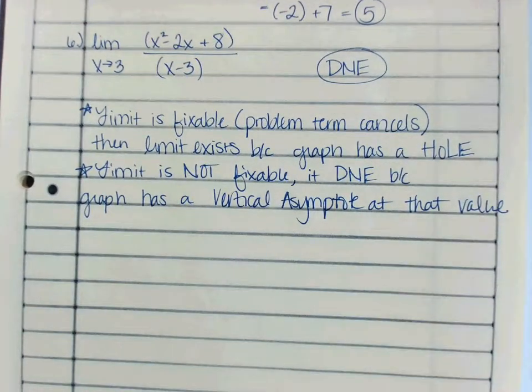So if they cross out, you have a hole, you have a limit. If they don't cross out, then the limit doesn't exist, but it's because graphically you have an asymptote at that point. Okay?